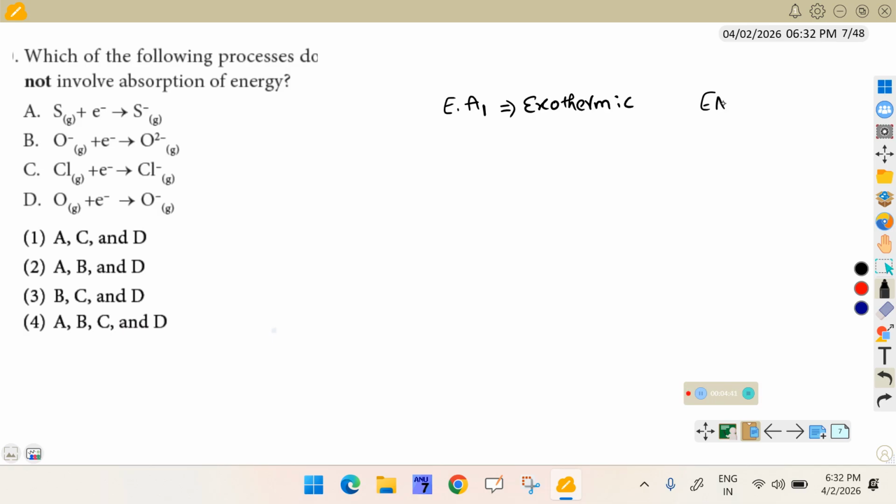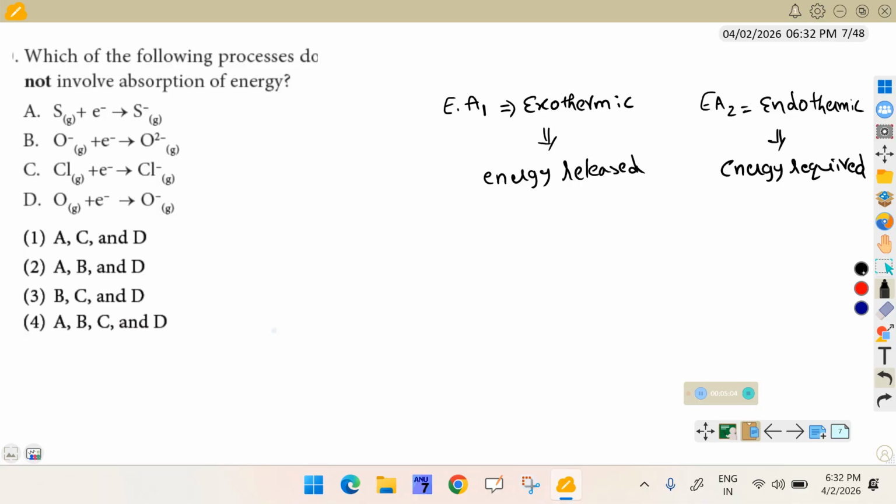Electron affinity 2 is endothermic, energy required. So electron affinity 1 is exothermic.